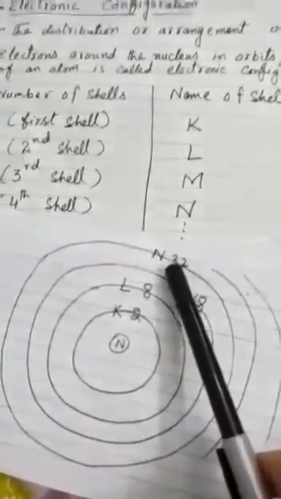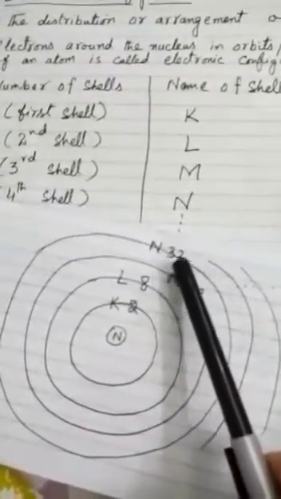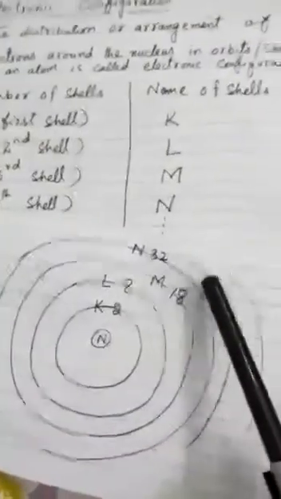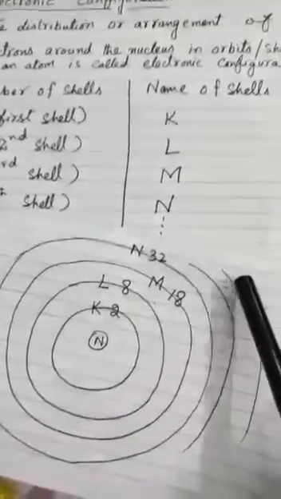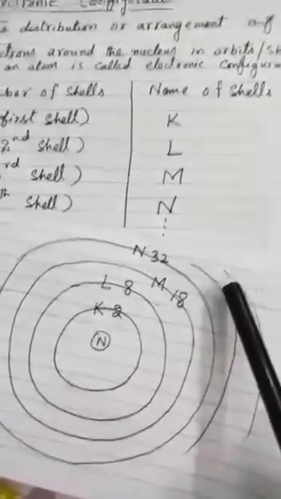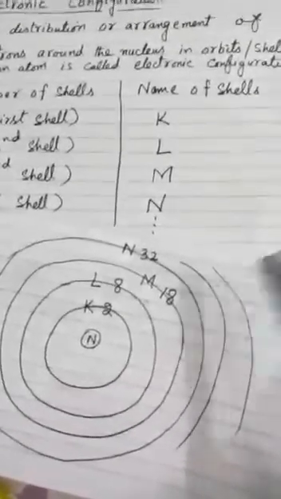N, which is the fourth shell, has S, P, D, and F, four subshells, and so on. The remaining higher shells will have four subshells each, that is S, P, D, and F.